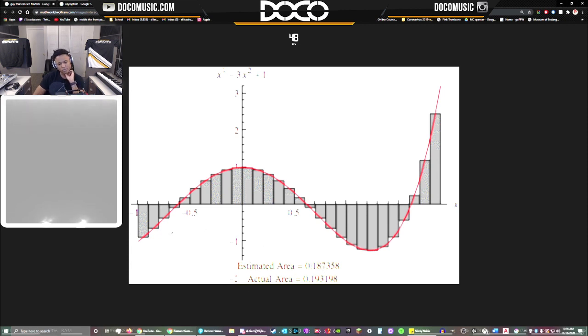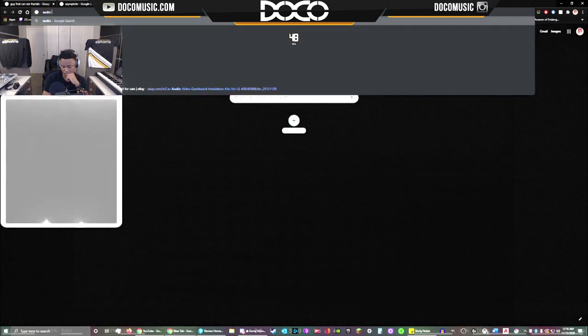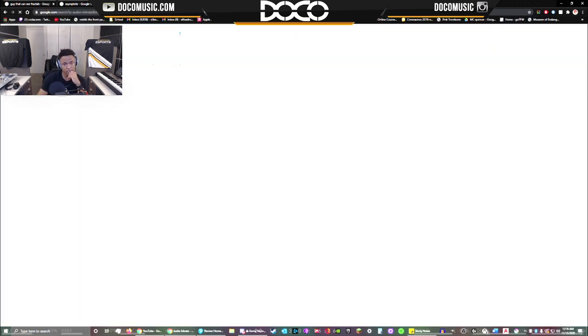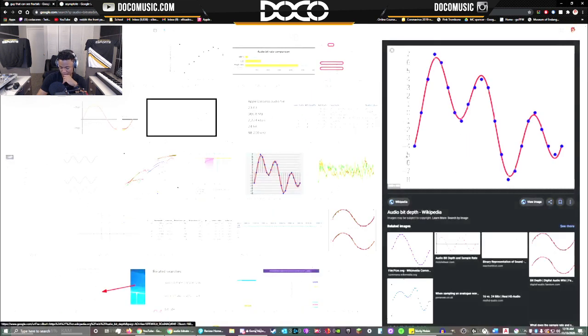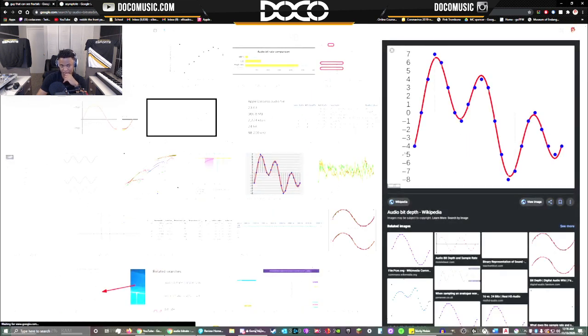With calculus, you can create that derivative which perfectly finds the area under these curves, an exact value. And what that's useful for, think about this. I'm tying it into music for you. Audio bit rate. Yep.